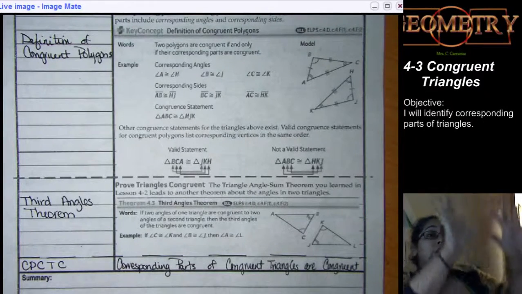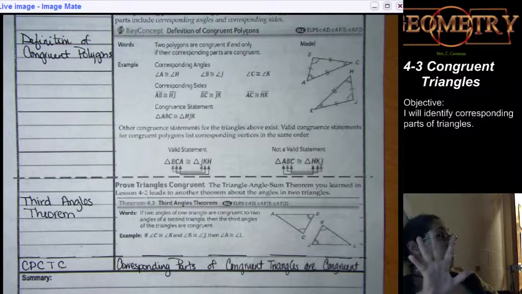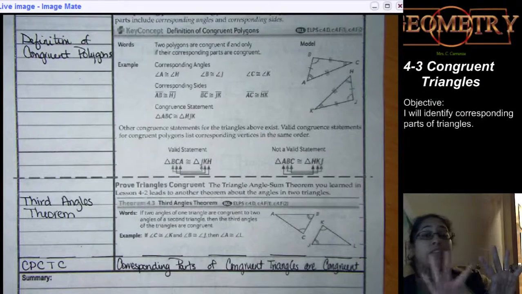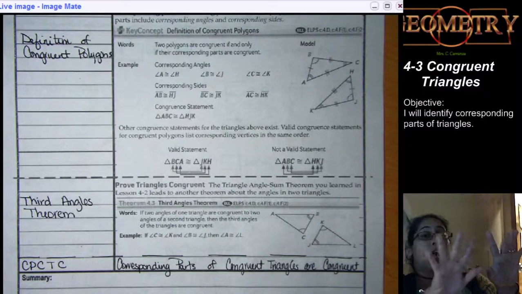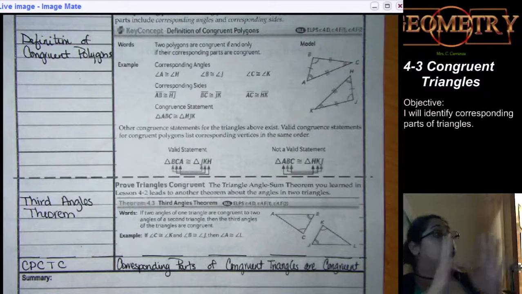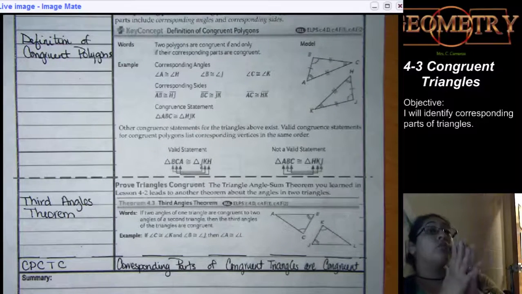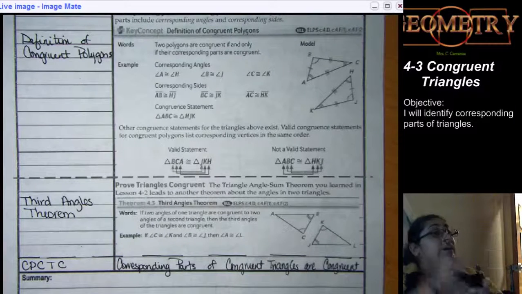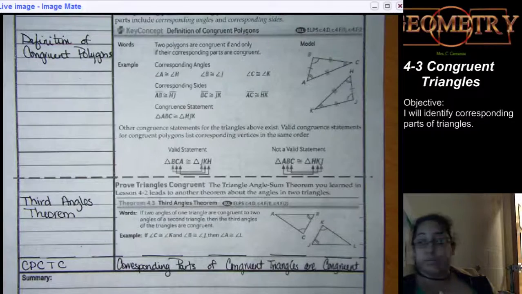If I know that these two shapes are congruent to each other, then I can say that all the different pieces that correspond are going to be congruent to each other. This one sentence allows me to go from congruent shape to congruent parts, or from congruent parts to congruent shapes. Exactly. And we're going to use that on our practice example to show that shapes are congruent.